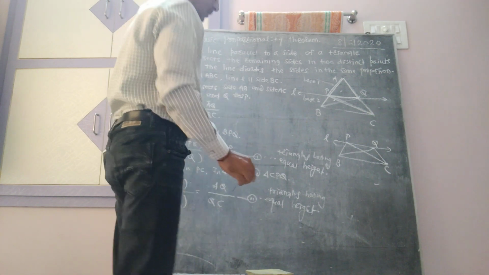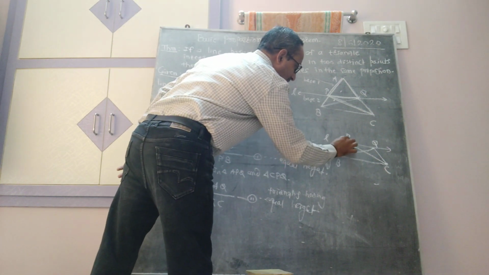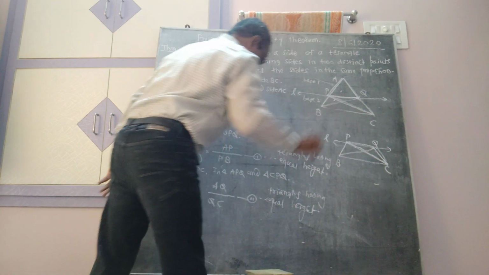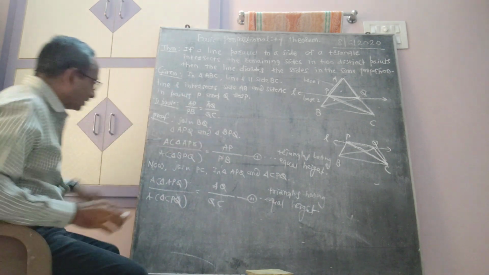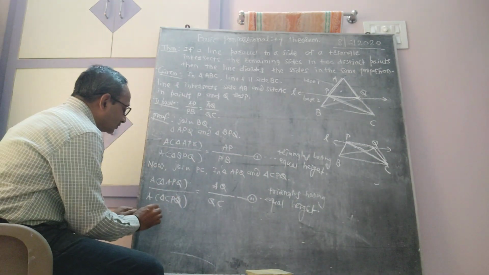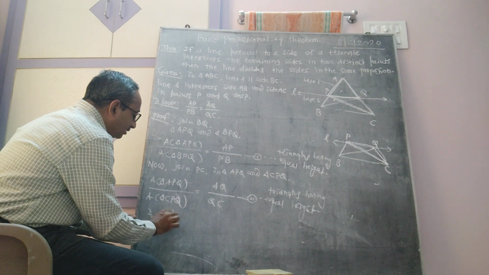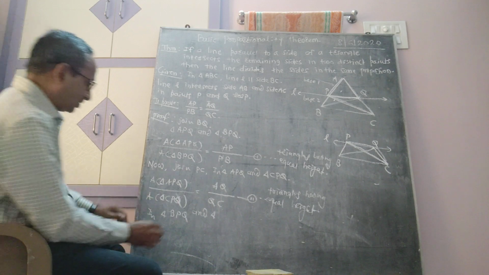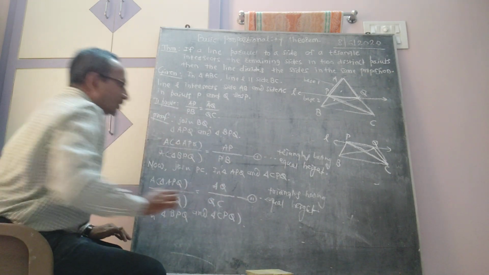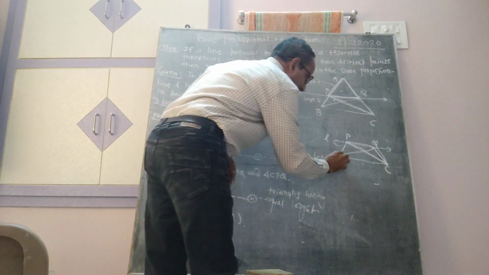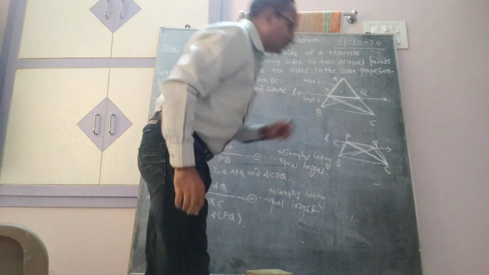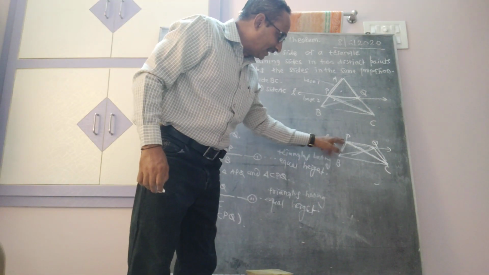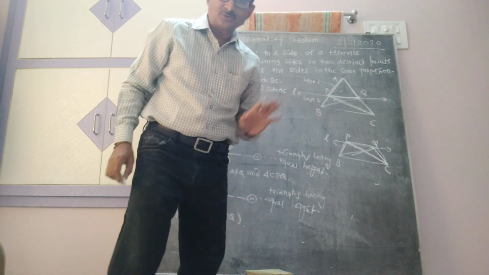Here, triangle BPQ and triangle CPQ both have equal base PQ, and both the triangles are situated between two parallel lines, and so their heights are also equal.